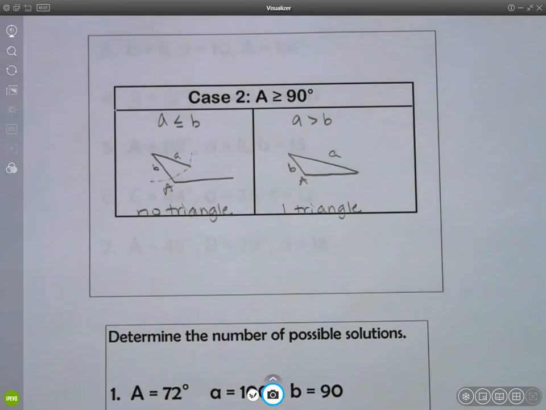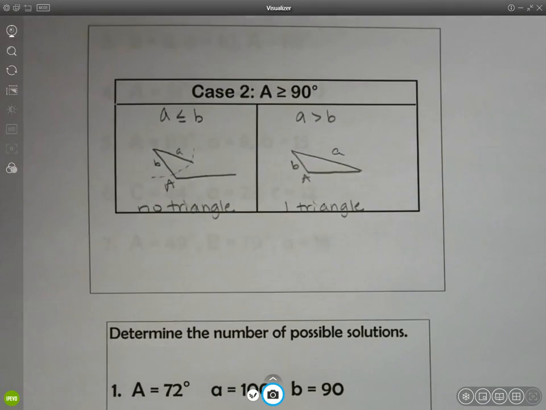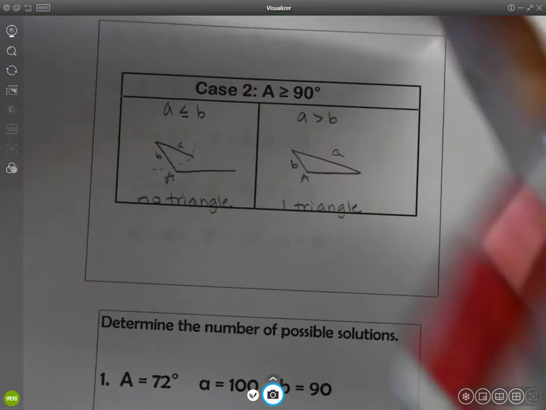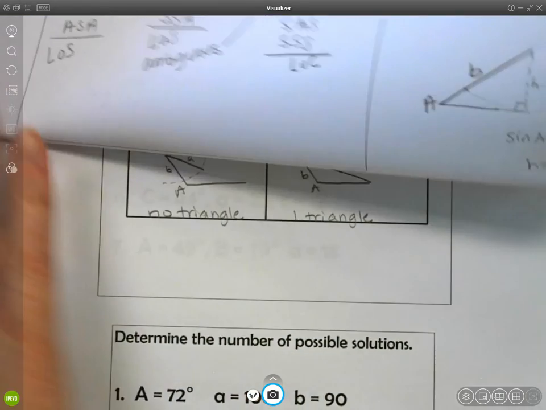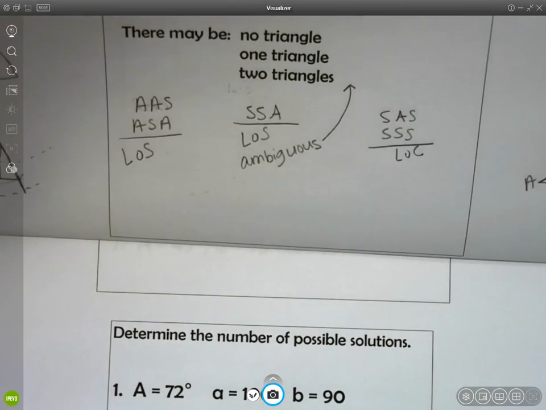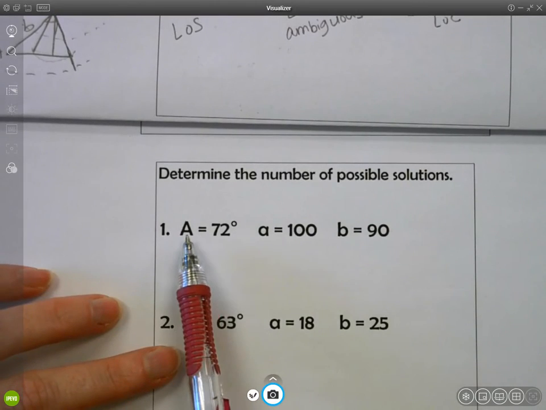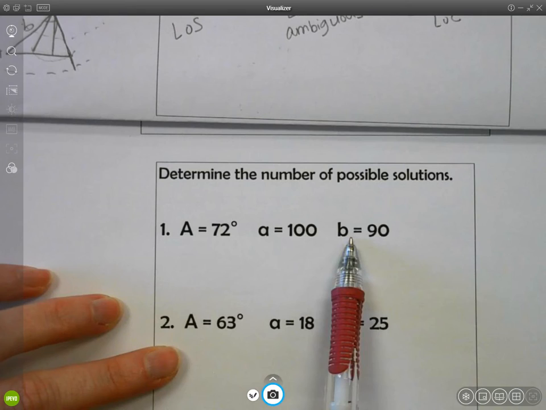Keep in mind as we do this that first of all, we just worry: is it ambiguous at all? When you look at what you're given, I have angle, side, side.